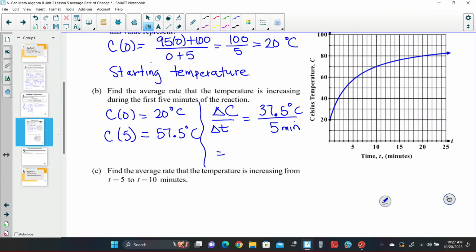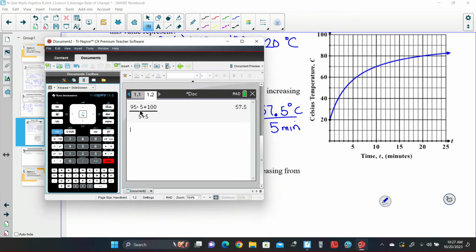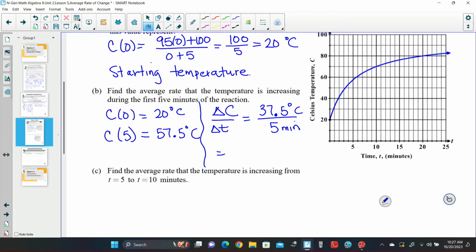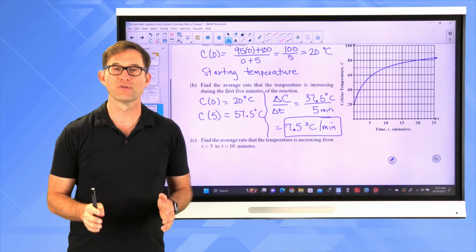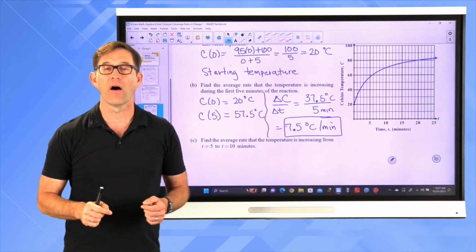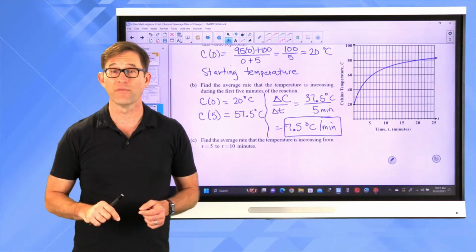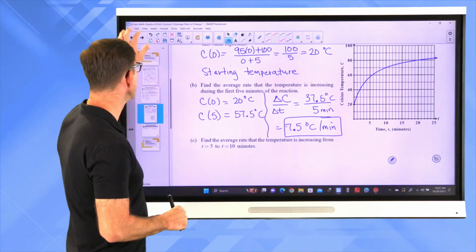Let's do 37.5 divided by 5. And that's 7.5. I'm liking 7.5 today as an answer. So that's 7.5 degrees Celsius per minute, the average rate that the temperature is increasing. For every minute, on average, we're gaining 7.5 degrees Celsius in this chemical reaction.